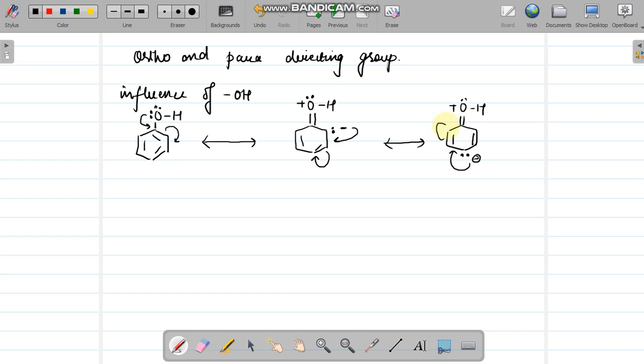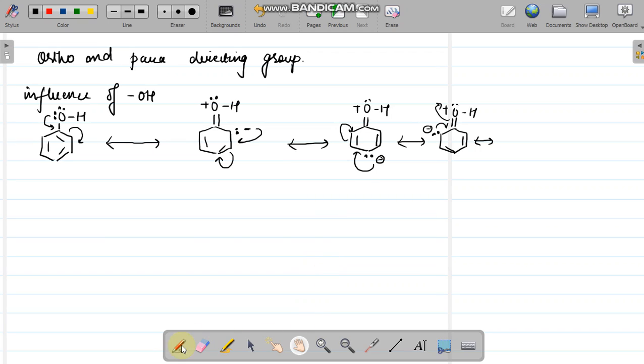Therefore, this bond is going to shift. So this double bond is going to shift over here.